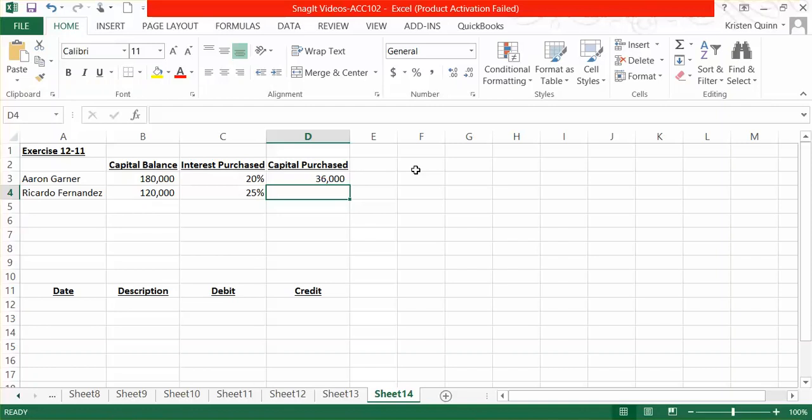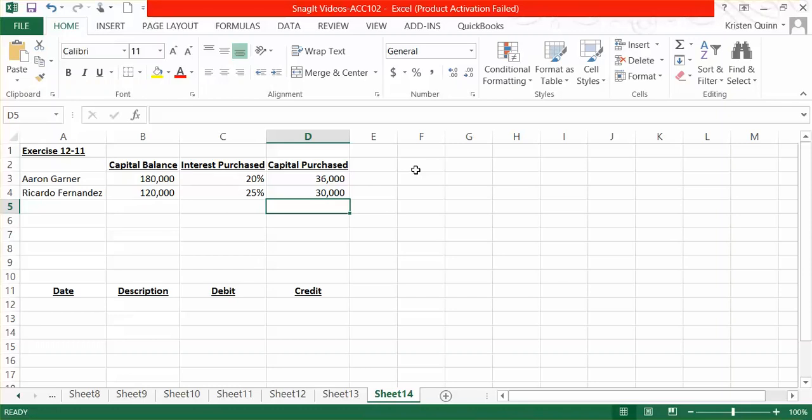So for Aaron Gardner, she's going to be taking $36,000 worth of his capital. For Fernandez, again, we take the $120,000 and multiply it by the 25% that she's purchasing. She will take $30,000 of Fernandez's capital.